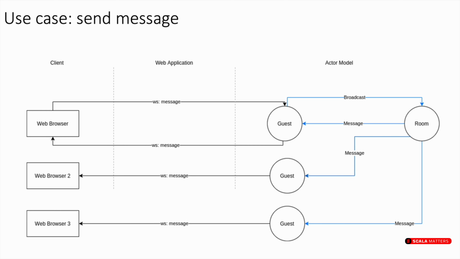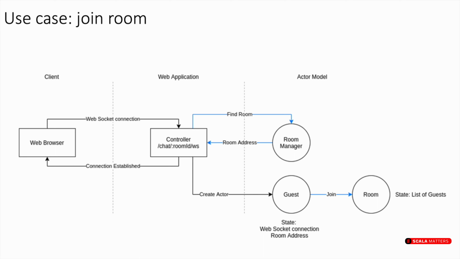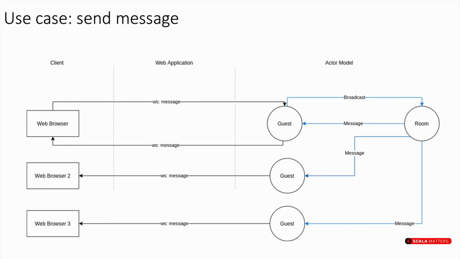And how to send a message. At this point, we have three actors: the room manager, the room, and the guest. So we only need to send messages from the guest to the room. When the user writes something in the web browser to send a message, it goes through WebSocket.